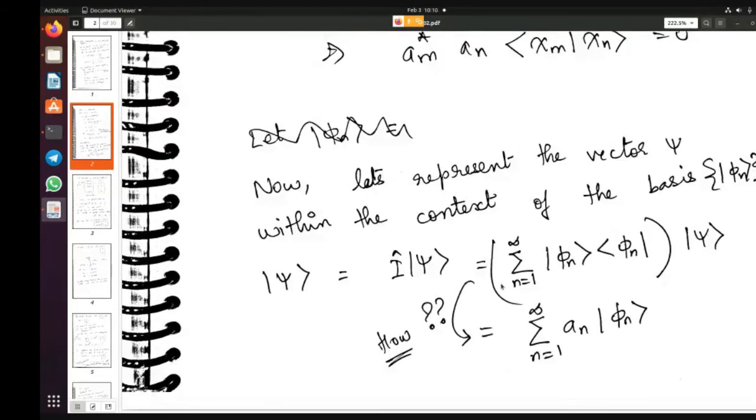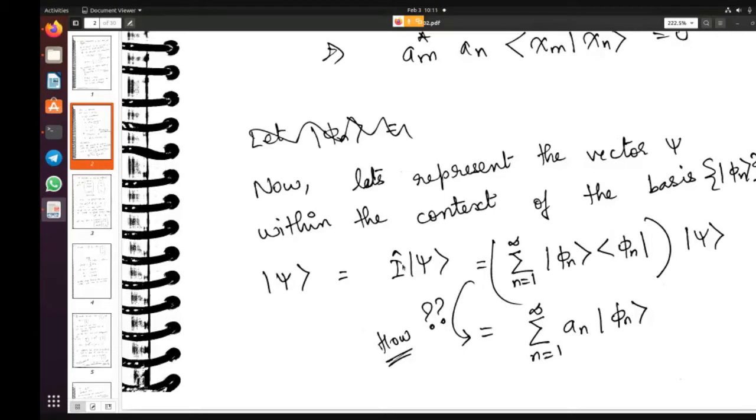Okay. So now let's represent the vector psi within the context of the basis phi n. We have a state vector psi, and now we will try to represent it in terms of another set of bases, in terms of the basis phi n. So what we can do is we can just multiply.